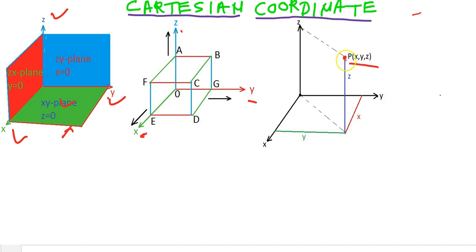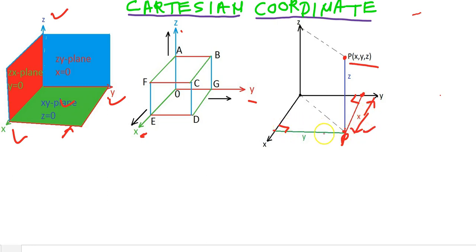First, drop a foot of the perpendicular to the xy plane or horizontal plane. Then draw the perpendicular to the line x, draw the perpendicular to the line y, and measure the distance from the foot of the perpendicular P to the line y, which is your x.